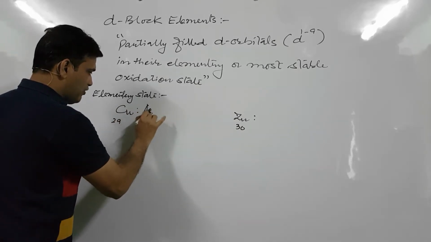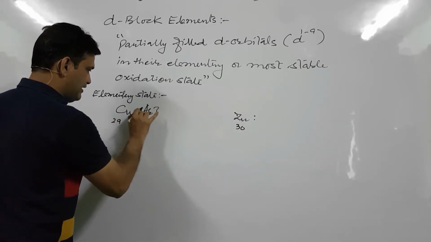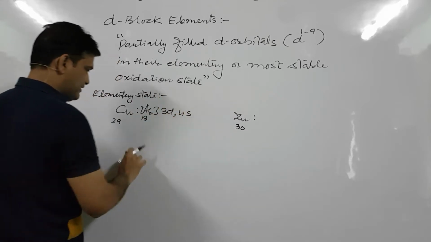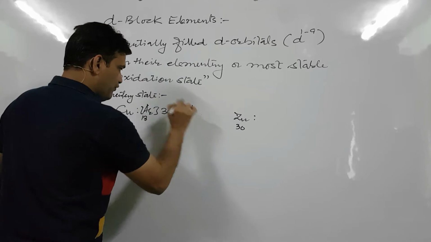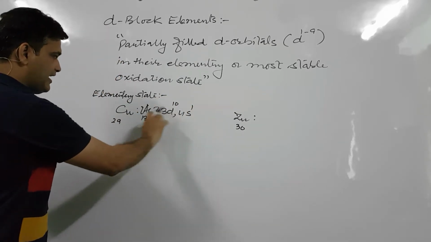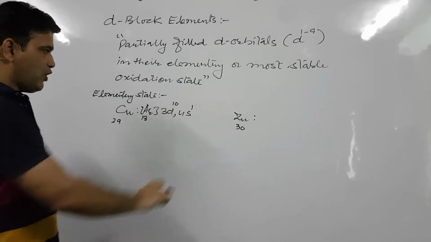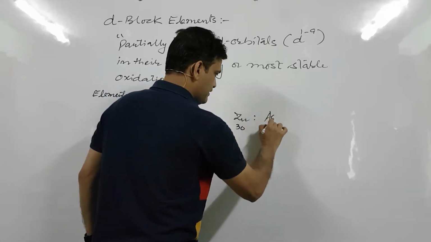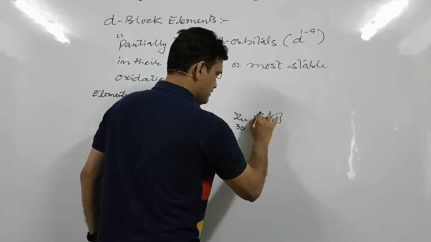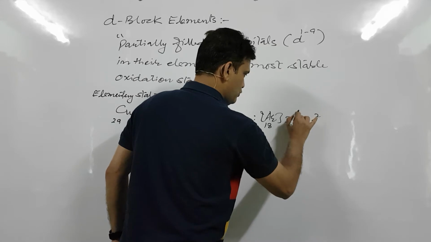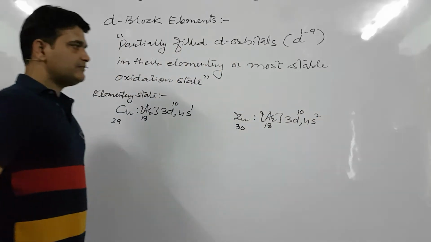Its electronic configuration is argon 18, 3d10, 4s1. This is the electronic configuration of copper. And what is the electronic configuration of zinc? 3d10, 4s2.